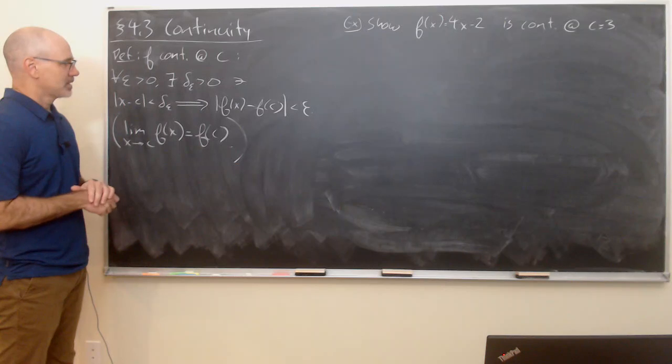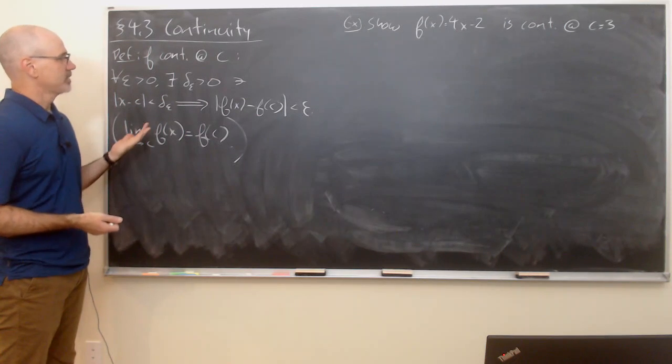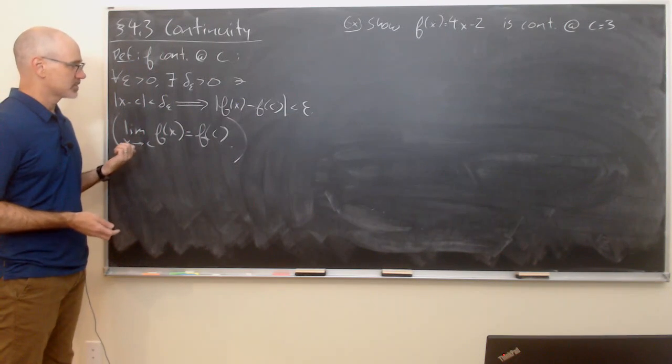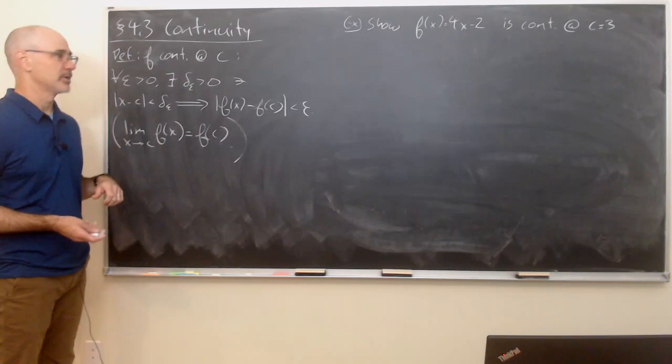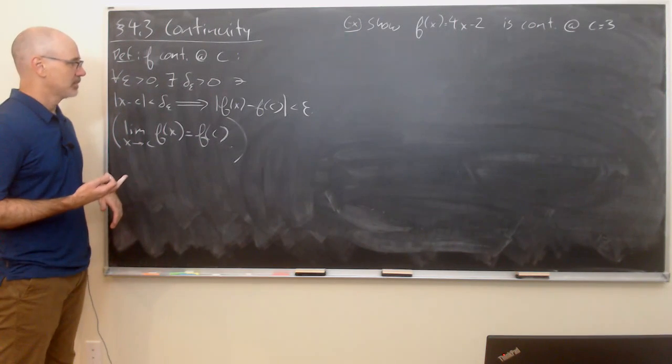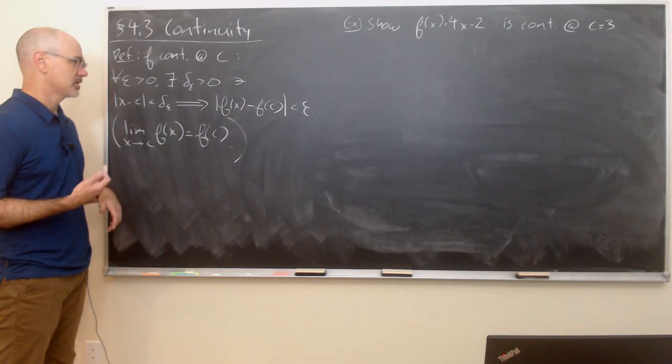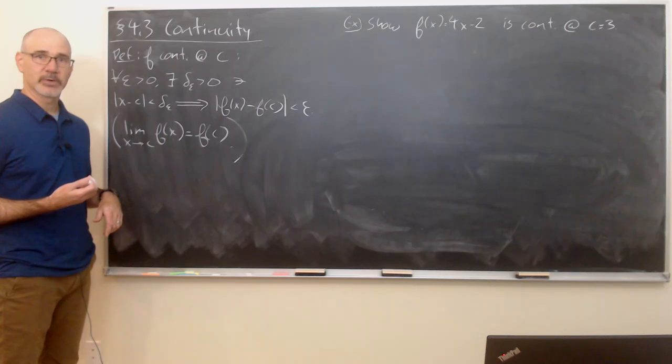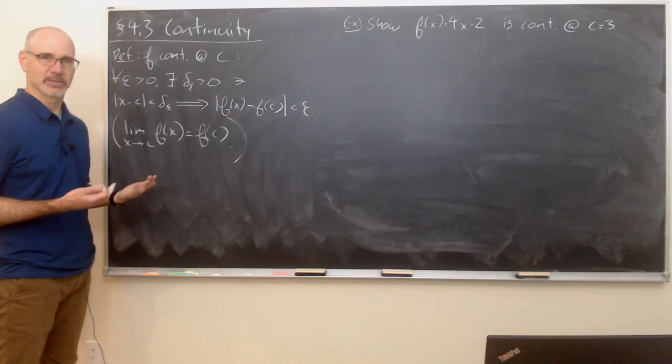Now, we're not going to make a big issue of this. The definition for continuity allows c to be an isolated point of our domain. And what it ends up implying is that functions are continuous automatically at any isolated point in a domain. Those are typically not that interesting for us.